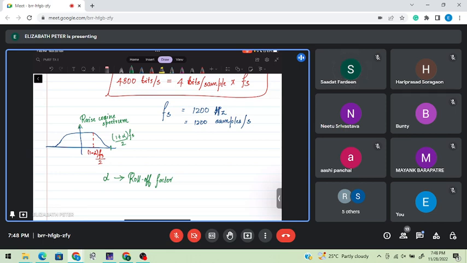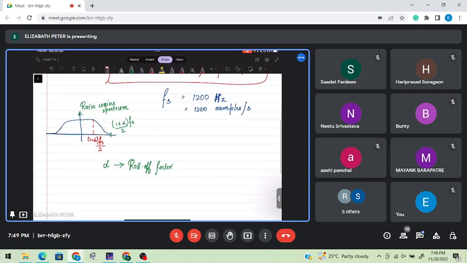Yes. Okay. Now consider this raised cosine spectrum as a signal. What is the bandwidth of the signal? If you consider this raised cosine spectrum as a signal, say x of t, what is the bandwidth of the signal? Is it 1 plus alpha?